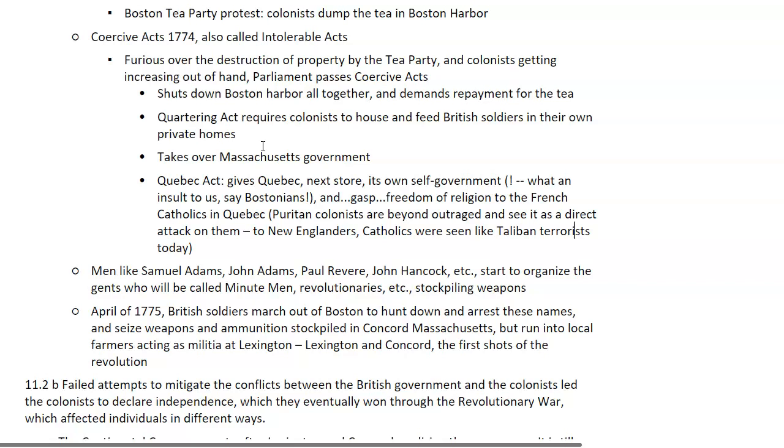A gun went off, and when that happened, both sides started firing at each other, and the American Revolution was underway. They fight the Battle of Lexington, and then a little later in the day, the Battle of Concord. The British are shocked that they're getting shot at. The Americans are shocked that they're winning, and the British retreat to Boston, and now we've got the American Revolution underway.